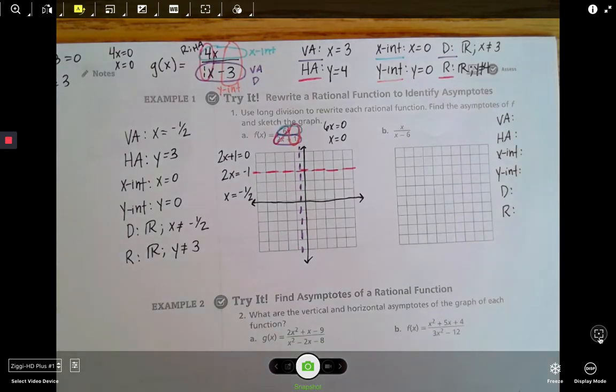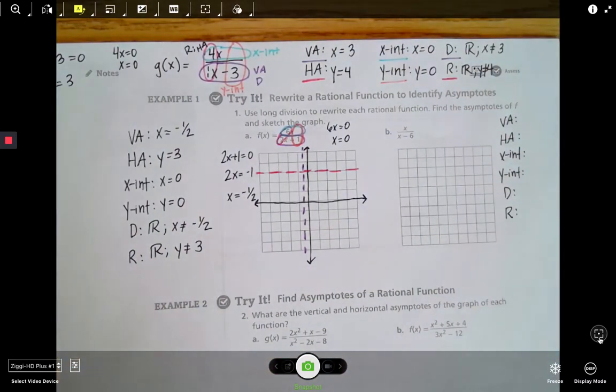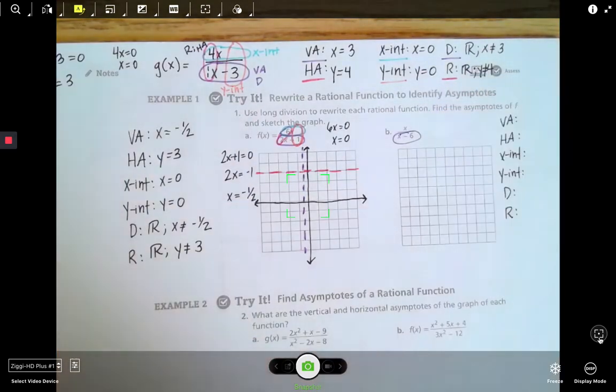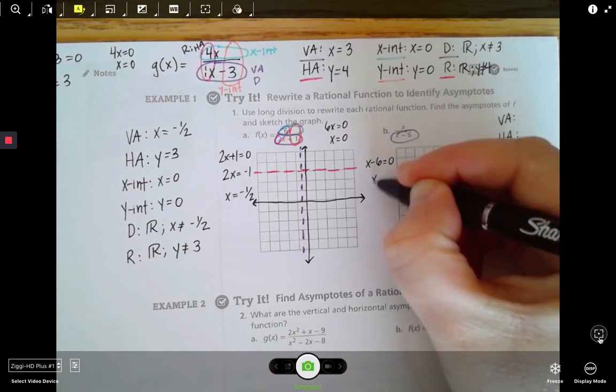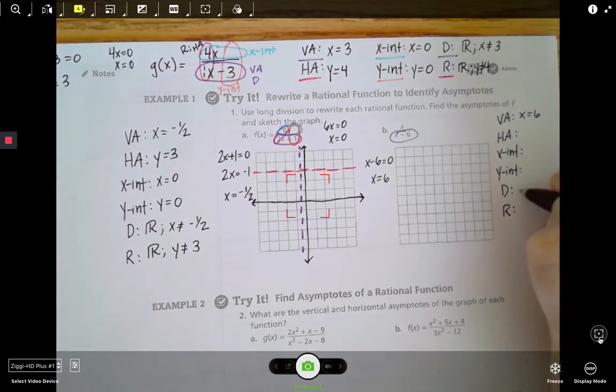Okay. So we can start with our vertical asymptote. It comes from the bottom, remember. So I would say x minus 6 equals 0, so x equals 6. Domain, I'm going to say all real numbers except x cannot equal 6.